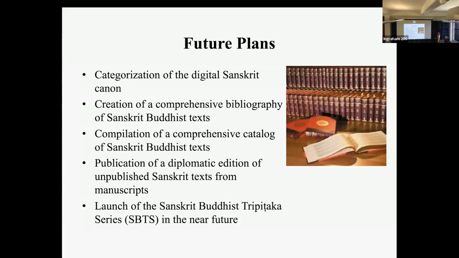Another important item is publication of diplomatic editions of unpublished Sanskrit texts. Right now lots of scholars and universities publish, but we really need one big compilation of the Sanskrit Tipitaka. That's why we're planning to launch this Sanskrit Tipitaka CD.